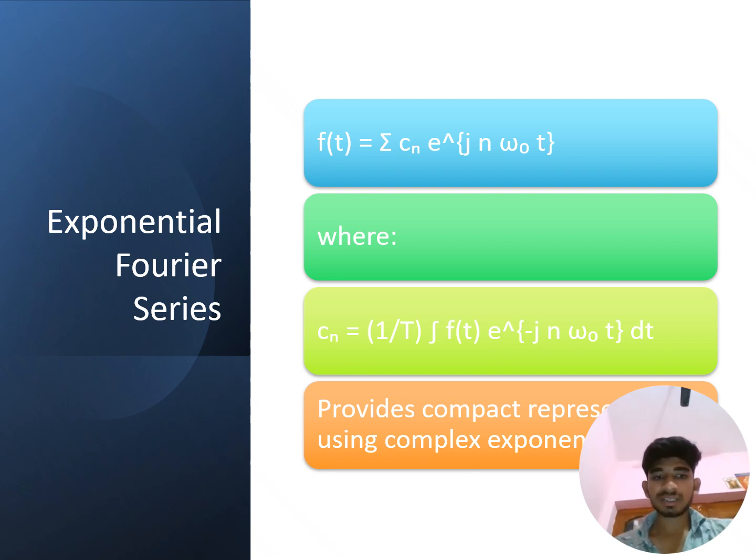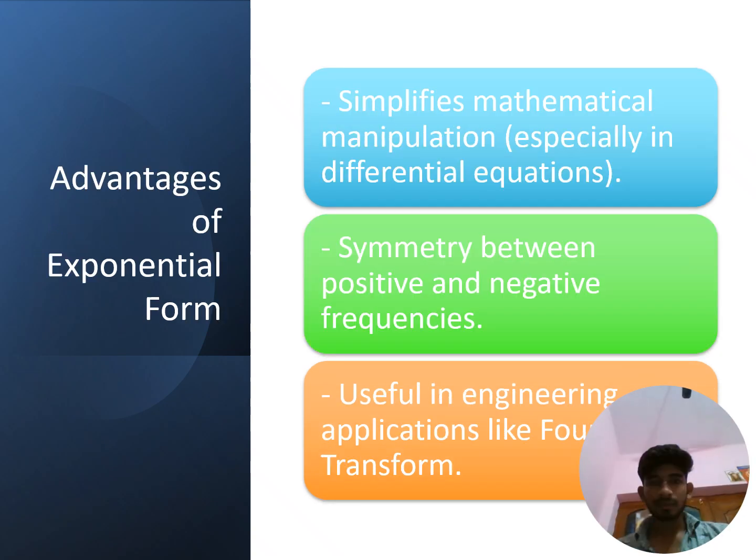This is especially useful in electrical engineering and communication systems where complex exponentials are common. Here, c n is equal to 1 by T integral f of t e power minus j n omega naught t dt, which provides a compact representation using complex exponentials.